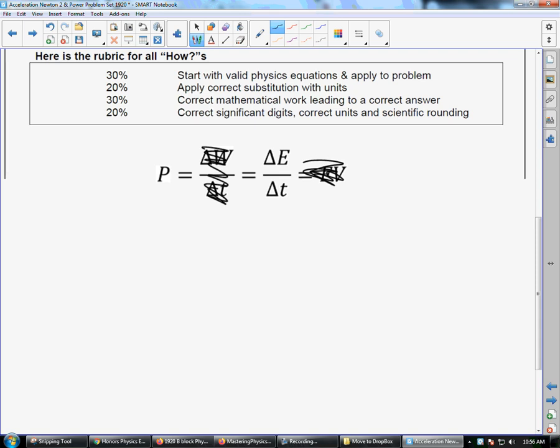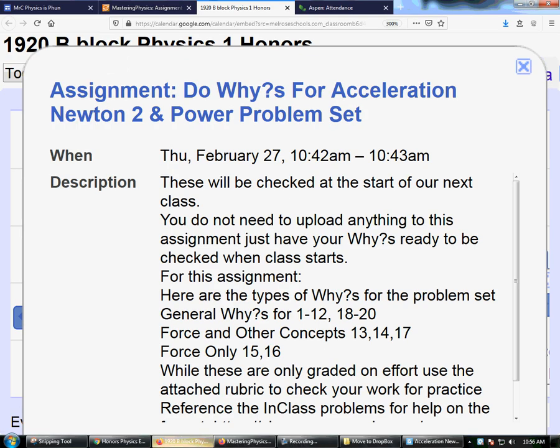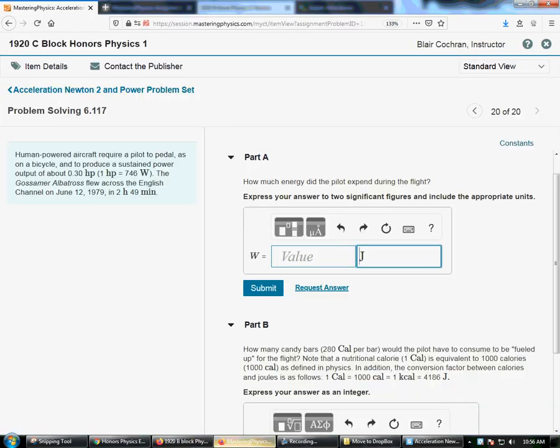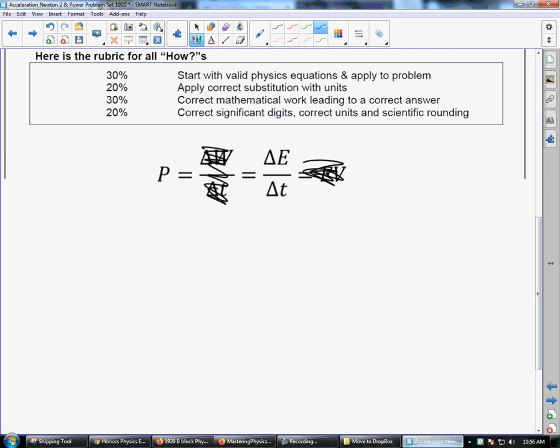All right, so they tell me the power. Oops. This one up. Okay, 0.3 horsepower and 1 horsepower, 746 watts. So I'm just over on the side.